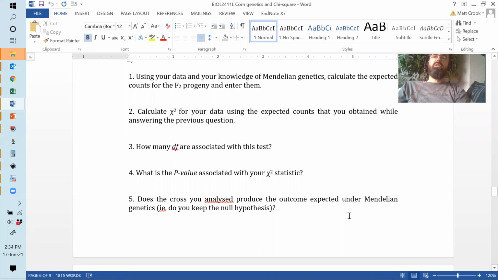So your expectations can be completely wrong, and as long as you carry out your chi-squared as you should and put your chi-squared value here, you'll get the chi-squared value part right. I'm not grading on whether your experimental design was right, just whether you did each bit of it right.